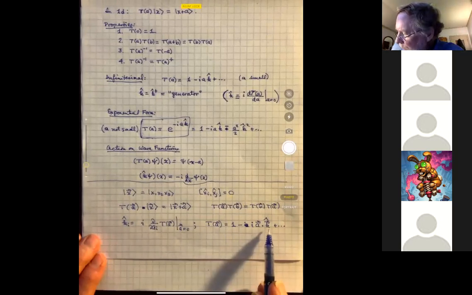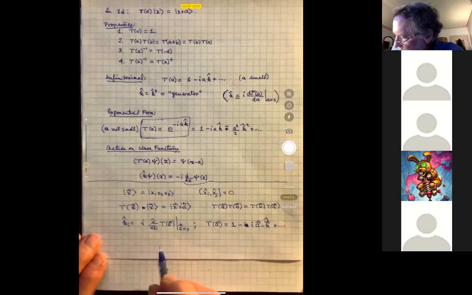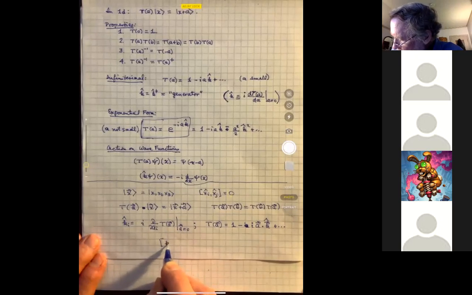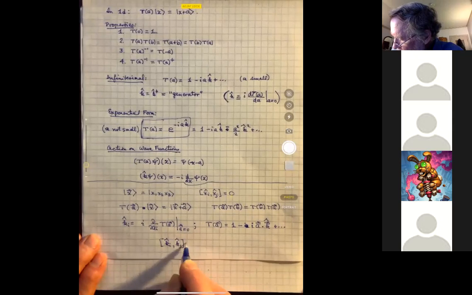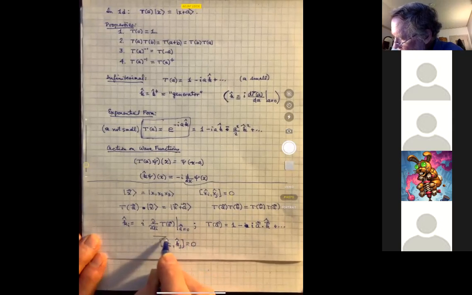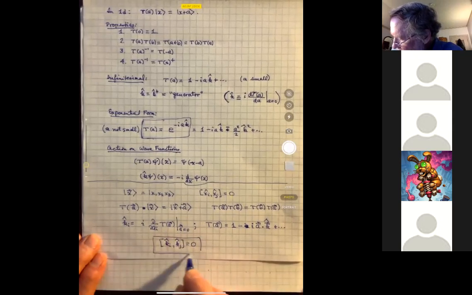That in turn implies that these generators, K hat, now there are three of them, a vector of generators K hat sub i, commute with each other too. So the commutator of K hat i and K hat j is equal to 0, as follows from the commutativity of the translation operators.